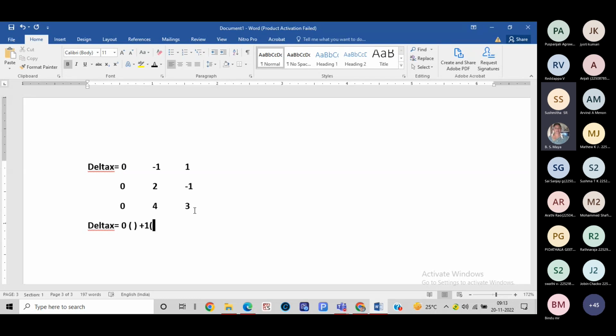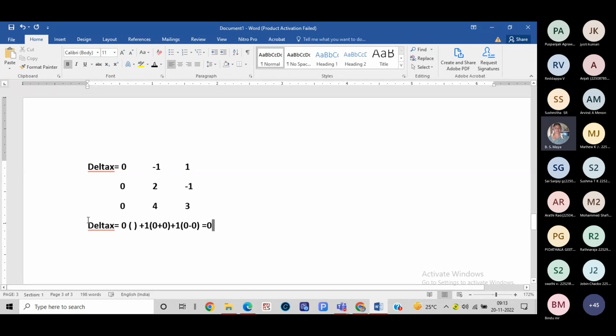Let me think about that. Then what is the next method? Do like this, delta x, delta y, delta z should be 0 if you go with this method, if it is a homogeneous system. Clear? Yes, ma'am.